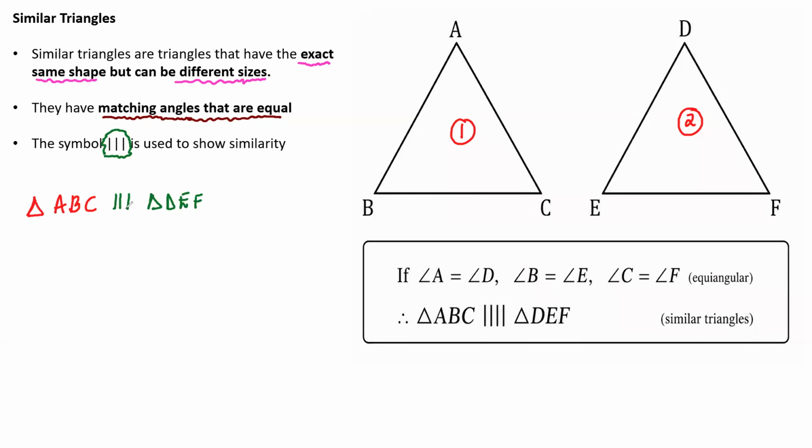So when you see something like this, it reads: triangle ABC is similar to triangle DEF. If that's the case, then the matching angles are equal. What do you mean, matching?